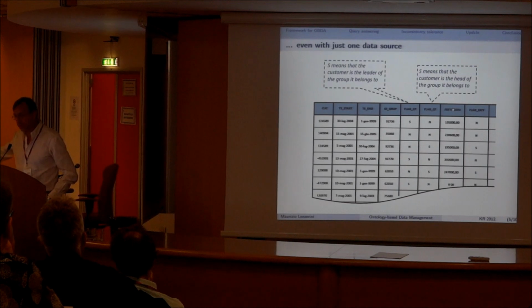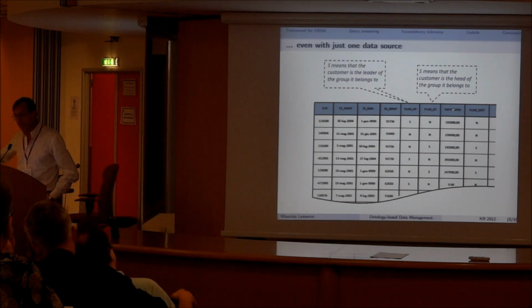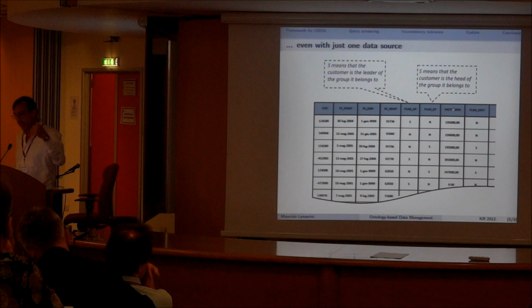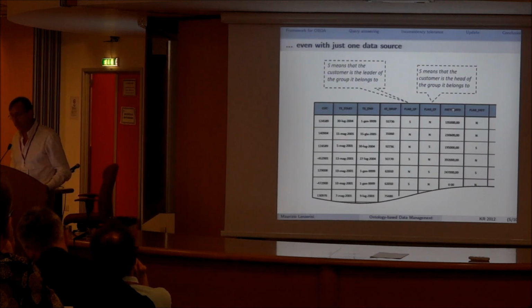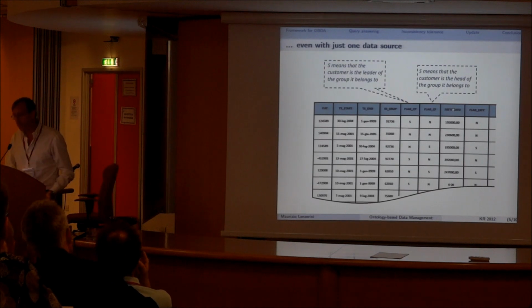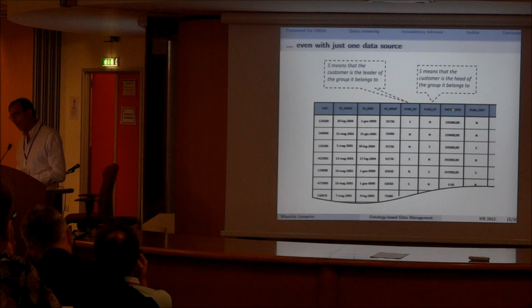Then you find a lot of flags, like flag CP. If you find for a particular tuple an S there, this means that the corresponding customer is a leader of the group it belongs to. There is a notion of leader, but there is also the notion of head of the group, which is a slightly different one. And this is taken care of in another column.